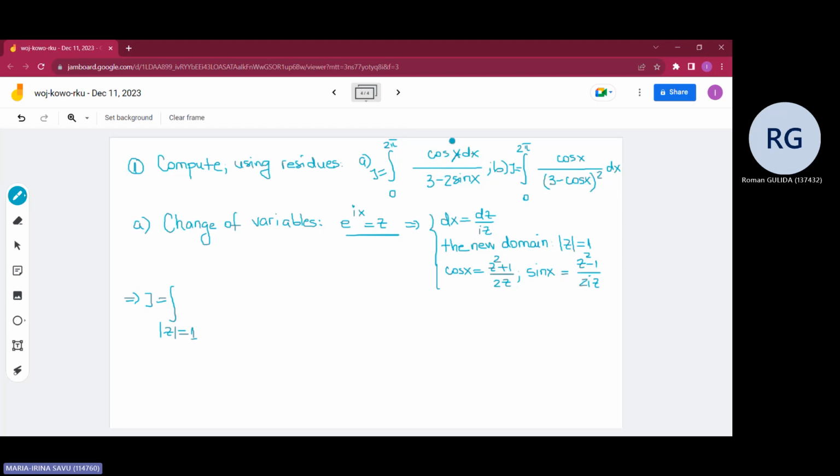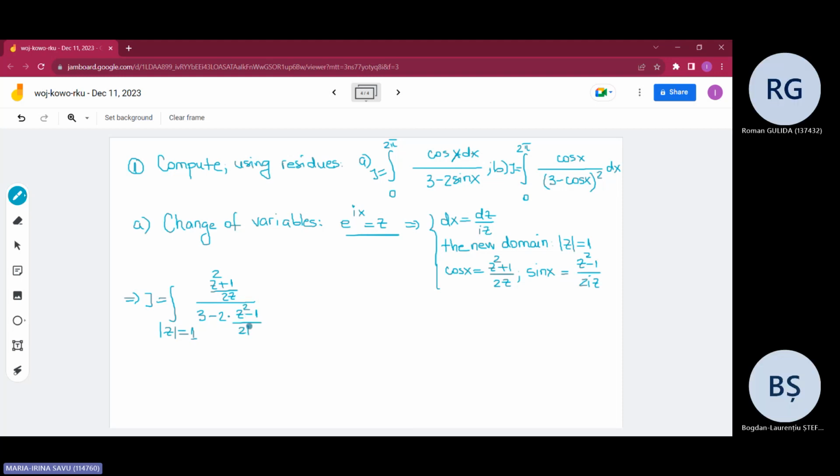Then, instead of cosine of x, I will put (z squared plus 1) over 2z, over 3 minus 2 times sine, which is (z squared minus 1) over 2iz, and dx will be replaced by dz over iz.